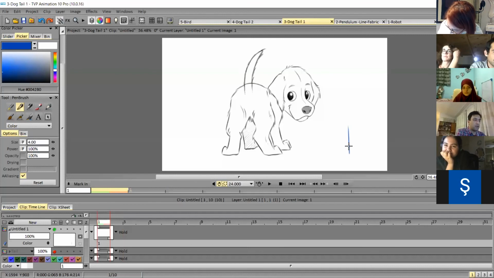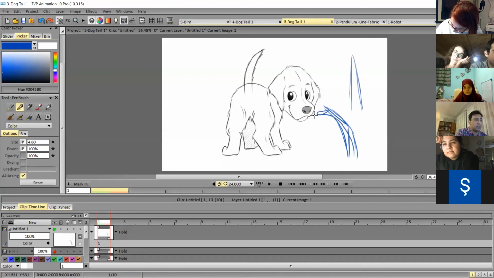I mean, in the middle of the action, the dogtail should be like this. But in Irmak's animation, at the middle of the action, the dogtail is like this, while it should be like this.